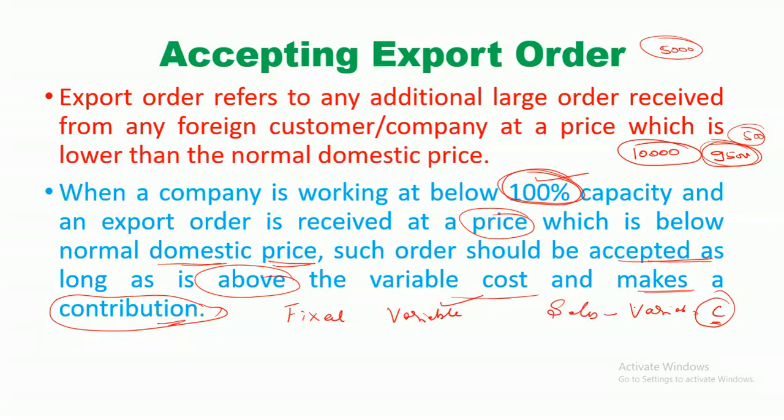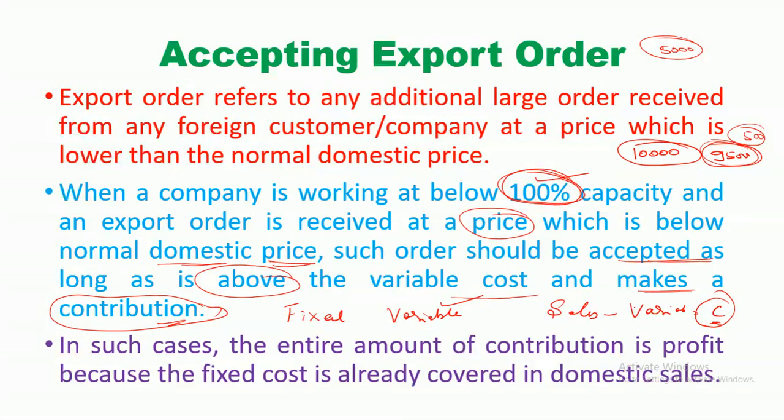In such cases the entire amount of the contribution is profit, because as I already told, fixed cost is already covered in the domestic sales. So you have to worry about the variable cost only and how this foreign offer or export order impacts the contribution.